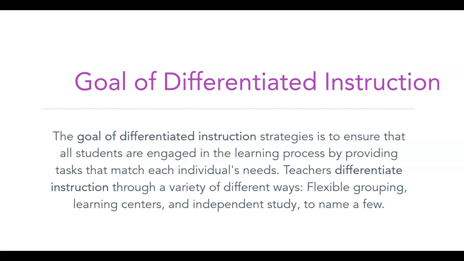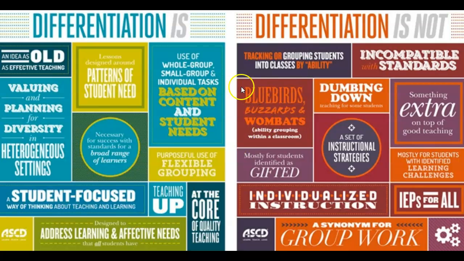Teachers differentiate instruction through a variety of ways, for example, flexible grouping, learning centers, and independent studies, just to name a few. This is a graphic that shows differentiation is valuing planning for diversity, heterogeneous grouping, use of whole group, small group, and individual tasks based on content and student needs, not necessarily what's convenient for us as educators, purposeful use of flexible grouping, and student-focused ways of thinking about teaching and learning.